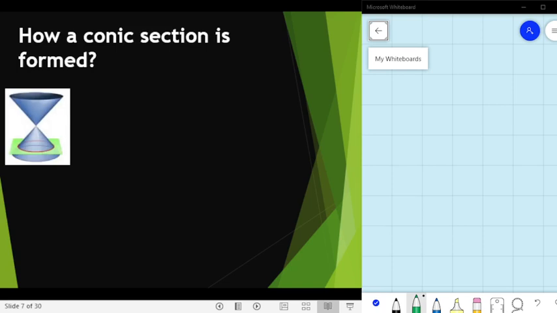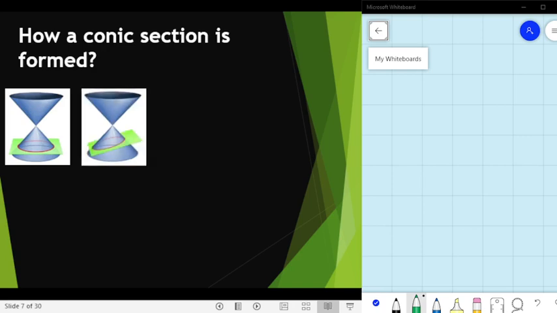Okay, the first one is a circle. It is formed when a plane cuts the cone horizontally. The second one is the ellipse. It is formed when a tilted plane intersects only one cone to form a bounded curve.